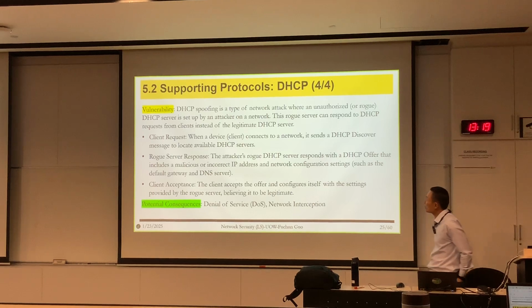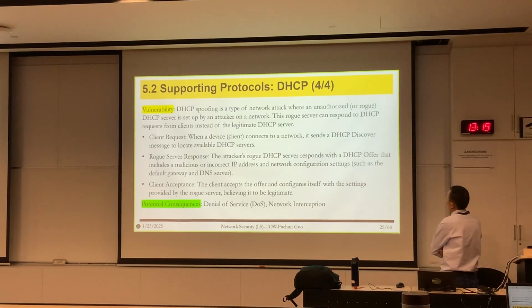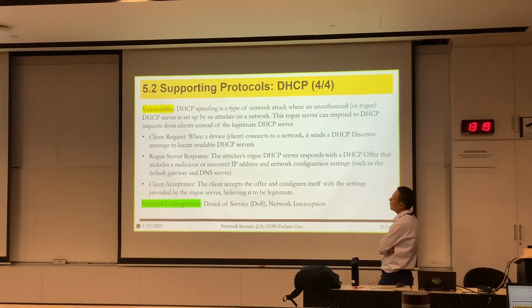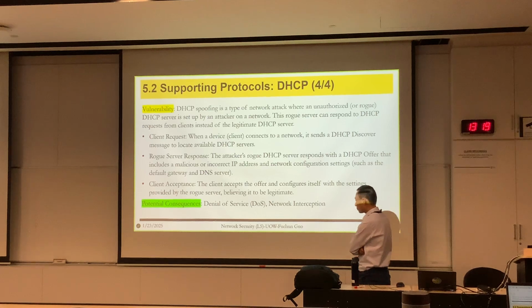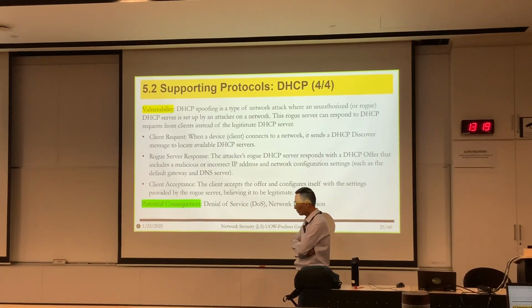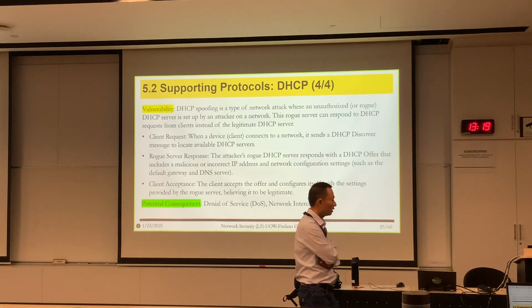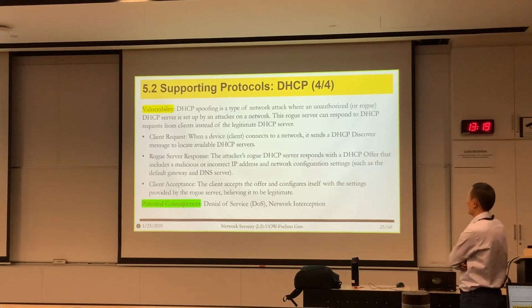So the vulnerability is that DHCP spoofing is a type of network attack where an unauthorized DHCP server is set up by an attacker on the network. Because what does it mean? The attacker pretends to be the server. When a new device is trying to connect to the network, the naughty attacker tries to send some fake information.